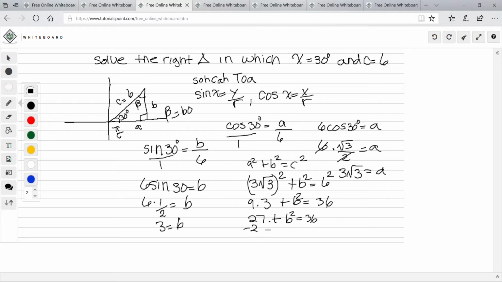Subtract 27. So you're left with b squared equals 36 minus 27, which is 9. Take the square root of both sides. So b is just 3. So there are 2 ways you could have done it. Okay.